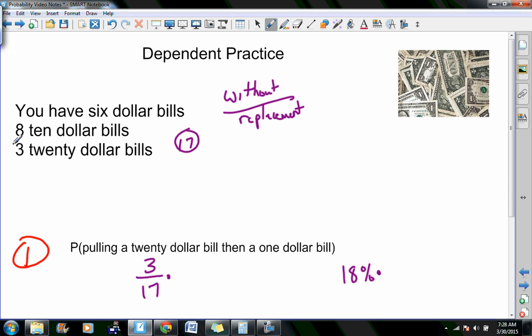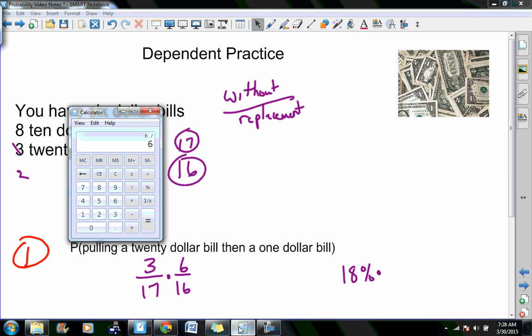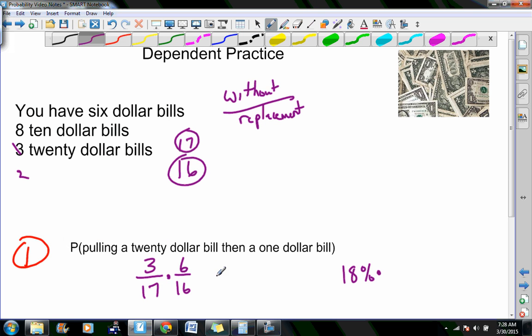Well, this number has now changed to 2 because we are doing it without replacement. So that means that this number changed to 16. So now we have 6 out of 16, which is 3 out of 8, or 37.5%.